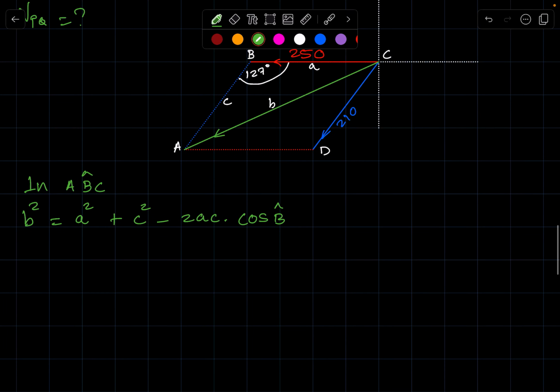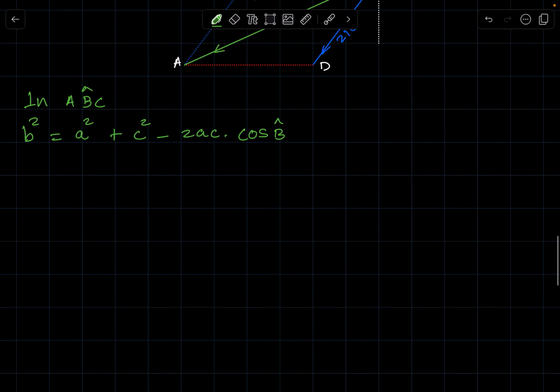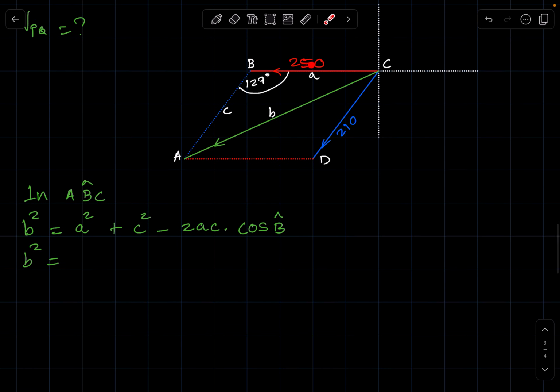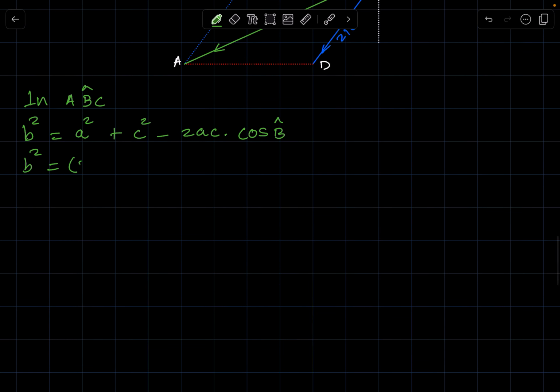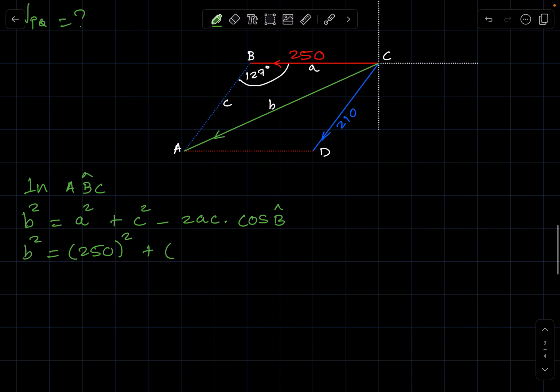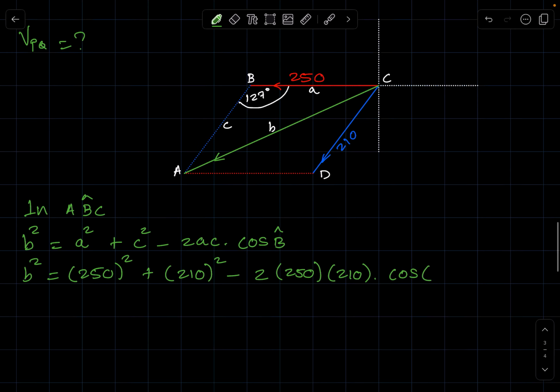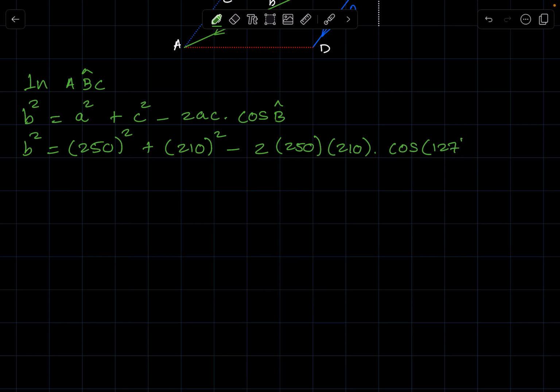So now all you do is substitute. B squared is equal to A squared, side A is 250, so this is 250 squared plus C squared, side C is 210, so 210 squared, minus 2 times side A, which is 250, times side C, which is 210, times cos B. B is 127 degrees.